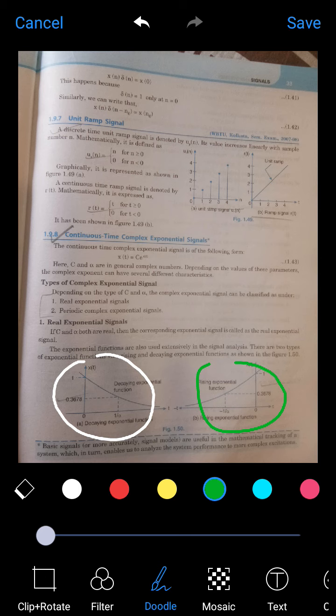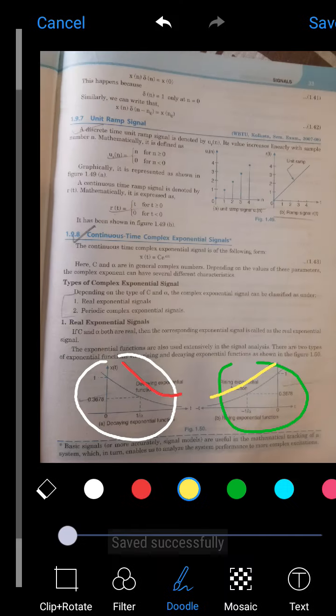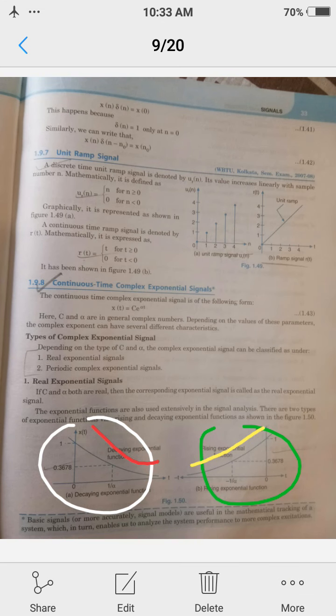Here you can see that the amplitude is decaying with the rise in the value of t, whereas in the case of the rising one, the amplitude rises when t is increased. Therefore this is known as the decaying and the rising exponential function.